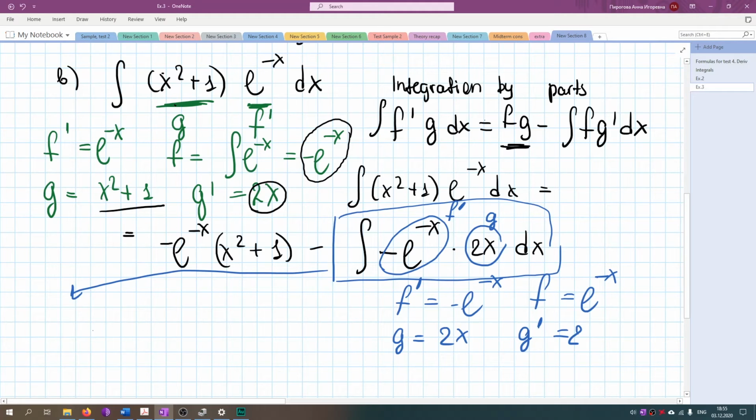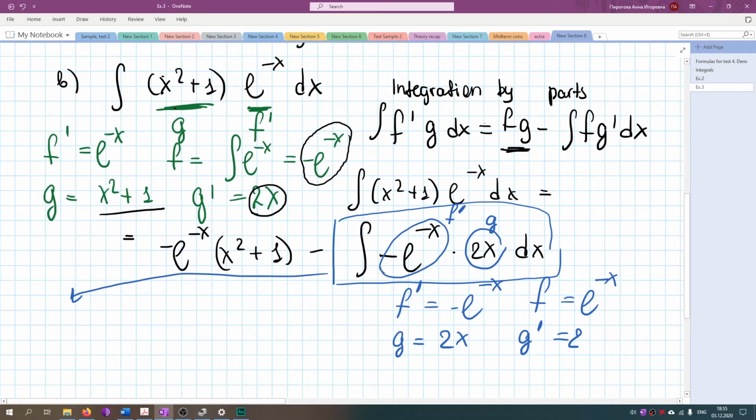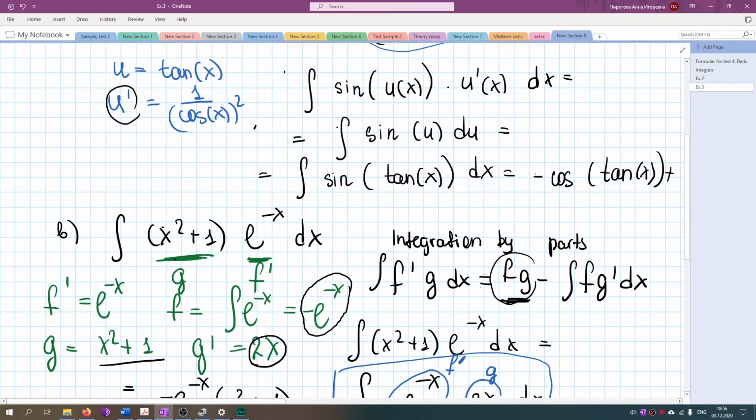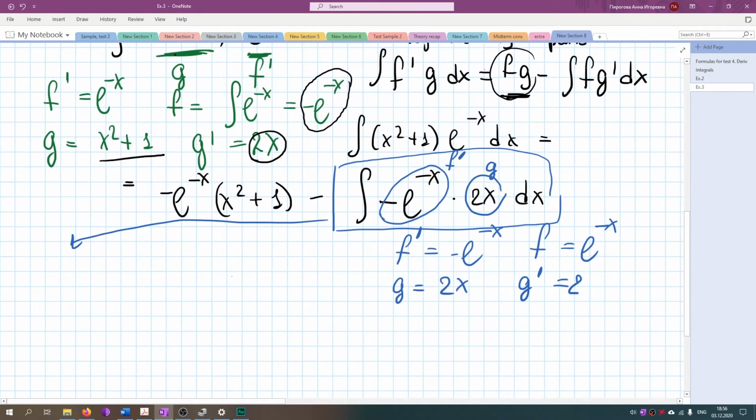And now we will rewrite our equation again. So firstly, according to the formula, we need to take f function multiplied by g function. So in our case, f is equal to e in the power of minus x, and multiplied by the g function.